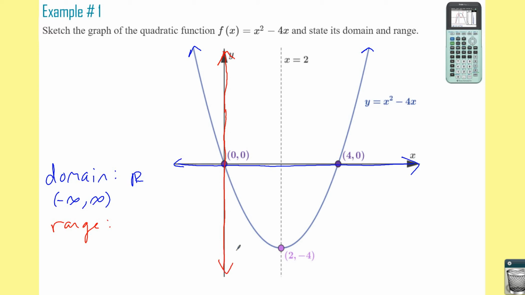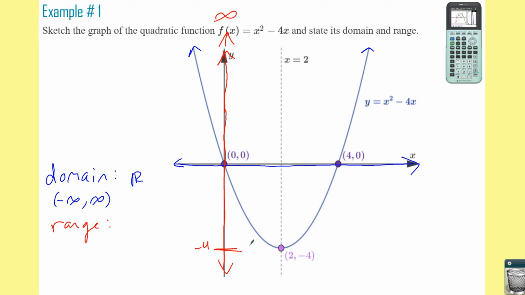Anyway, for the range you're looking at your y's, so how high and how low the graph is. The graph keeps continuing to go up towards infinity; those arrows are going towards infinity. But down here, the graph stops. It doesn't get any lower than -4. It's as low as it goes.